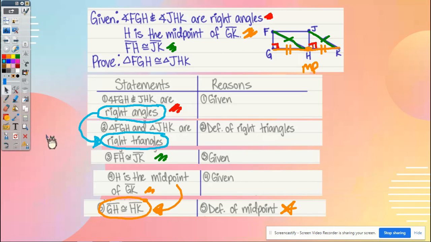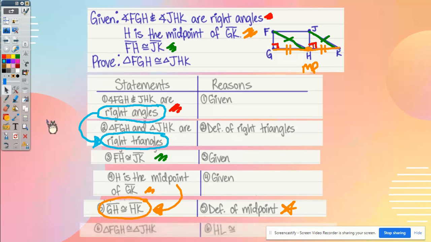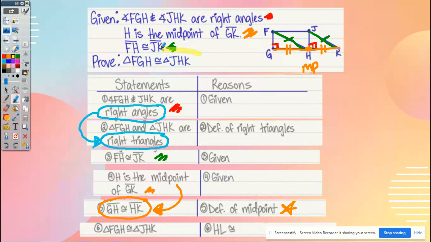Then from here, you should say, okay, maybe I have enough to prove these triangles congruent. And you do. So you have enough information to prove that this yellow triangle is congruent to this yellow triangle. And the reason for that is HL.